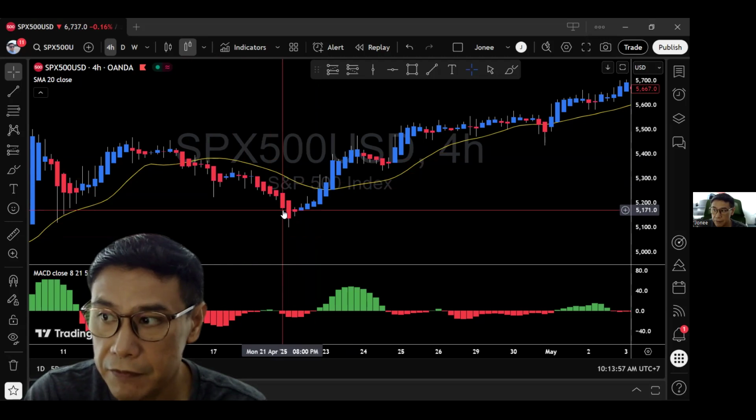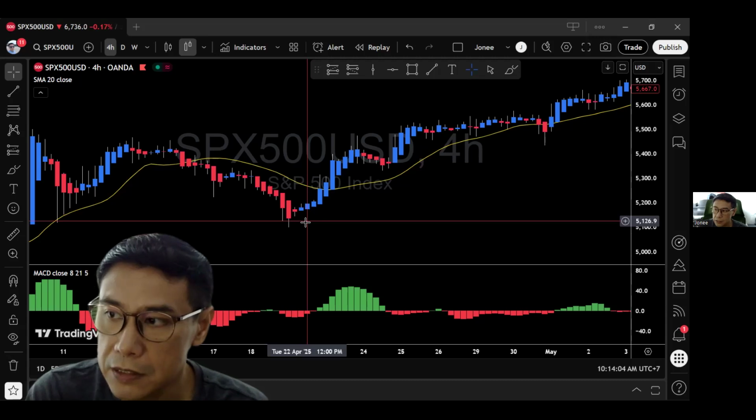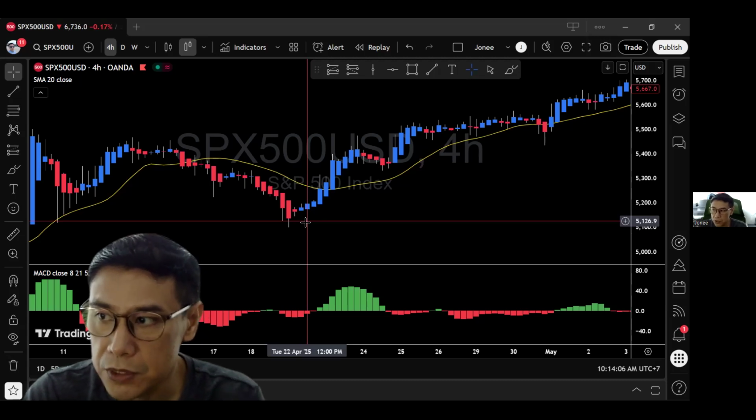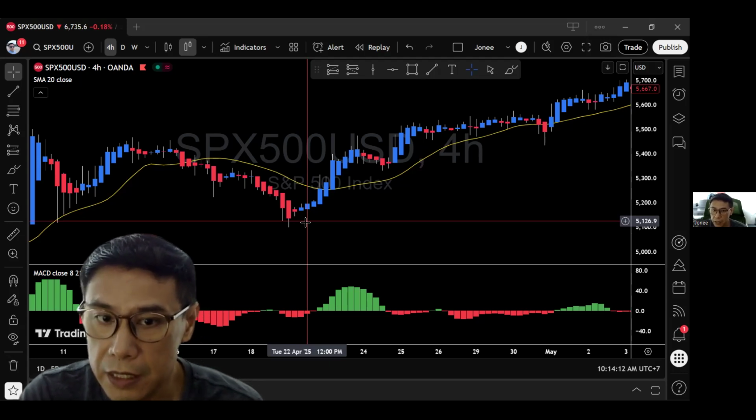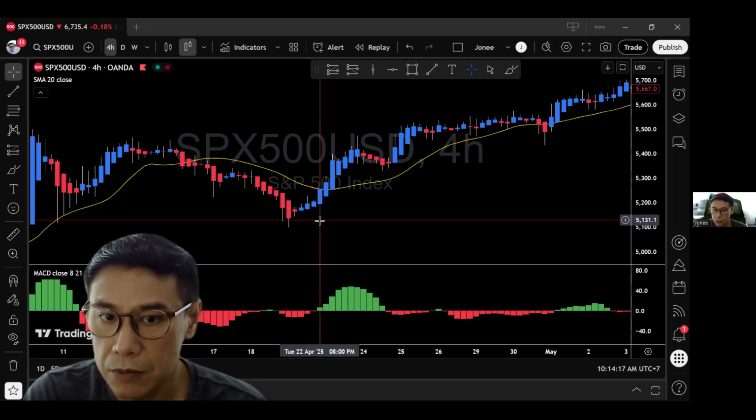I prefer 5 bearish MACD histogram bars. So that's 1, 2, 3, 4, 5. Okay, that's the shortest possible bearish move in the MACD that I would take. And I would take it when it switches back to bullish.